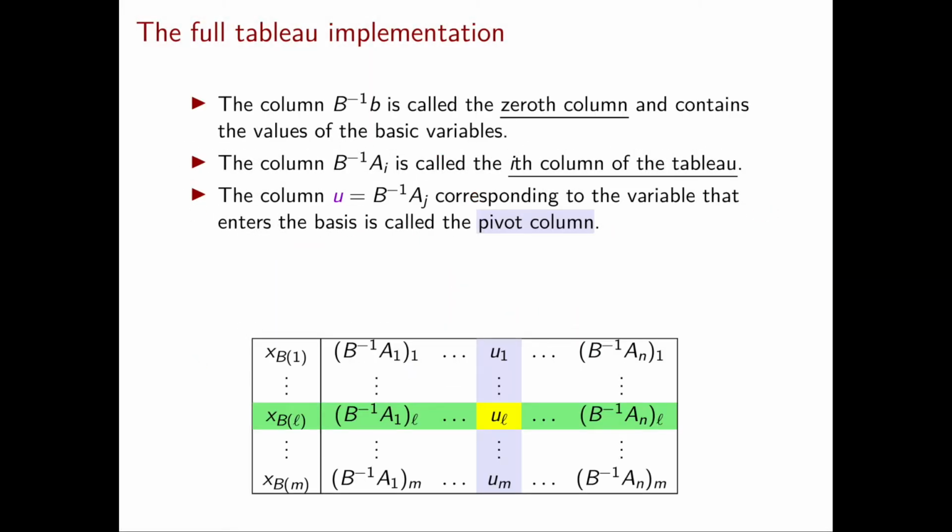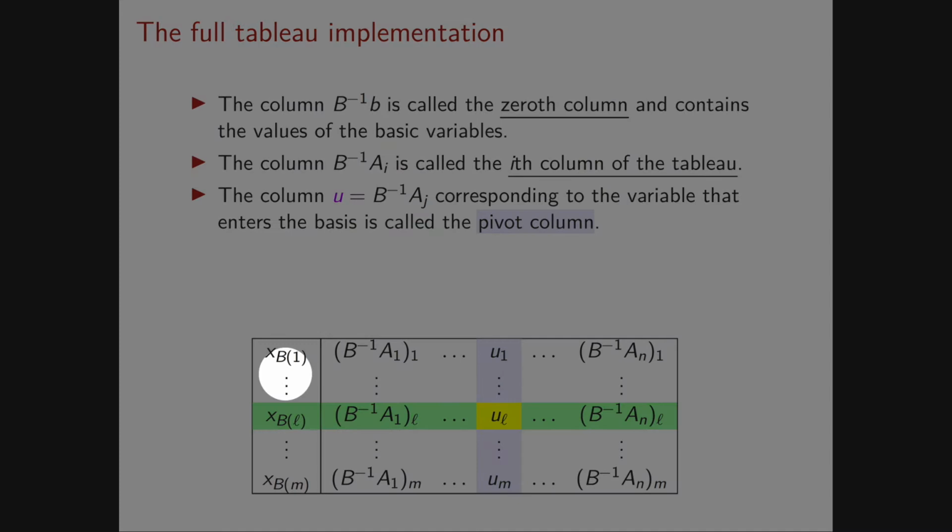Now let's see more in detail this simplex tableau and let's introduce some notation. The very first column of our tableau is B inverse b. This column is very different from the others and is called the 0th column. Recall that B inverse b is the formula that gives us x_B.